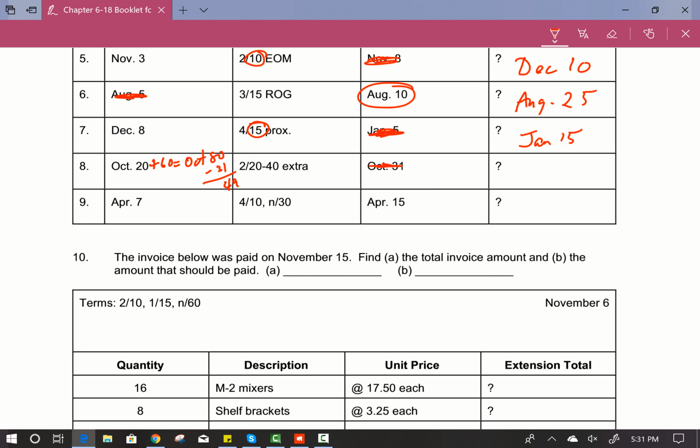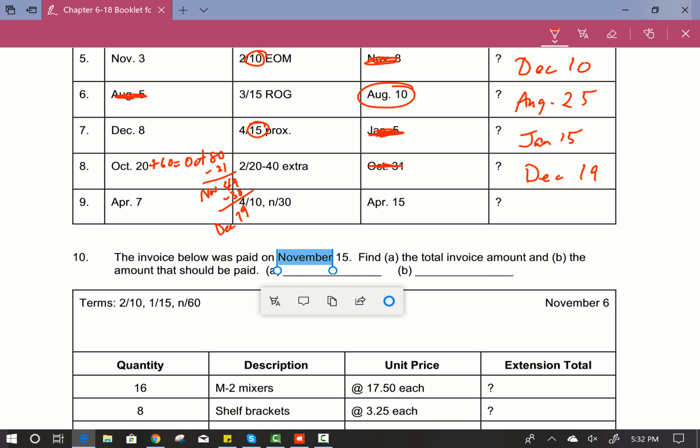That gives you 49 days in October, November. And subtract 30 days in November to give you 19 days in December. So December the 19th will be the final discount date for that particular question.